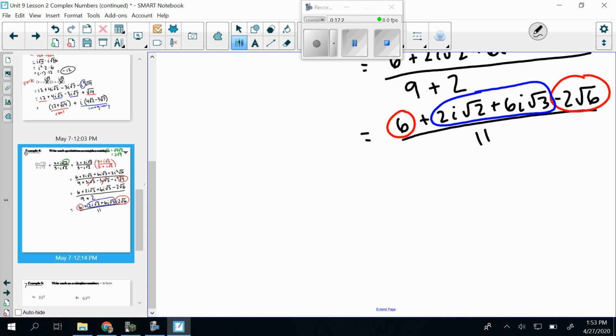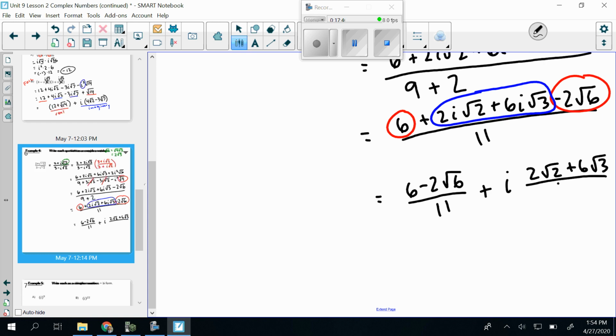So our real part would be 6 minus 2 square root of 6 over 11. And then plus, and both of these have an I, so let's take the I out here, and then what we'd have left is 2 square roots of 2 plus 6 square roots of 3 over 11 for that.